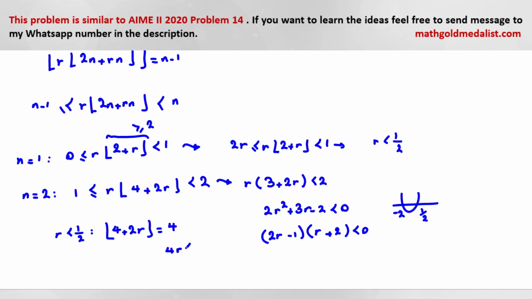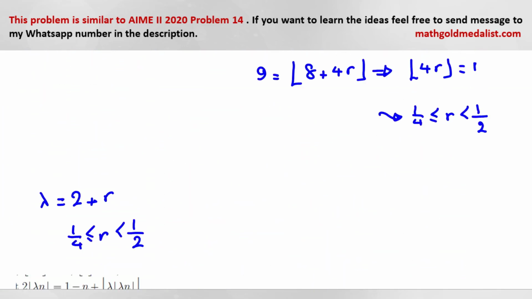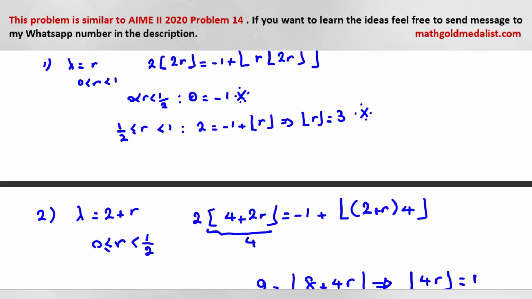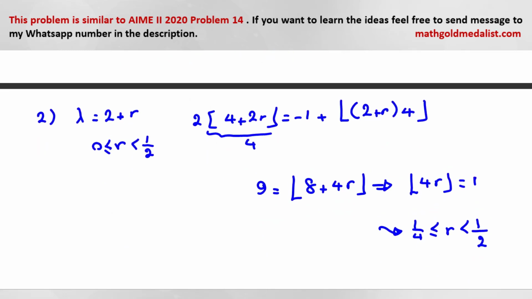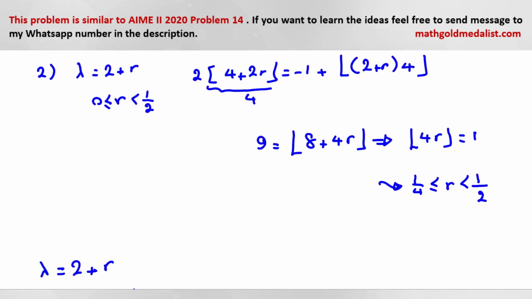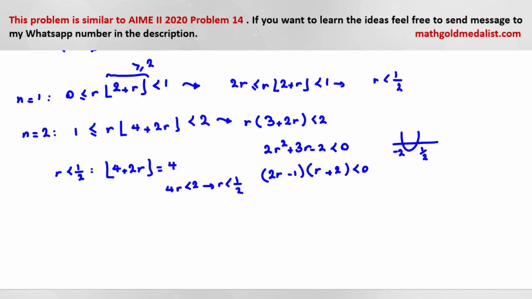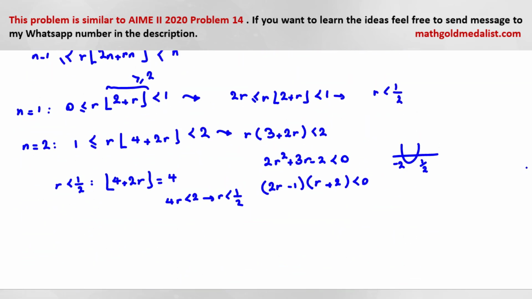So r is less than 1/2, right? But we considered n2 and we said r is less than 1/4, or we considered n3. We proved that r is greater than or equal to 1/4, right? So if we use this part, we can say what?